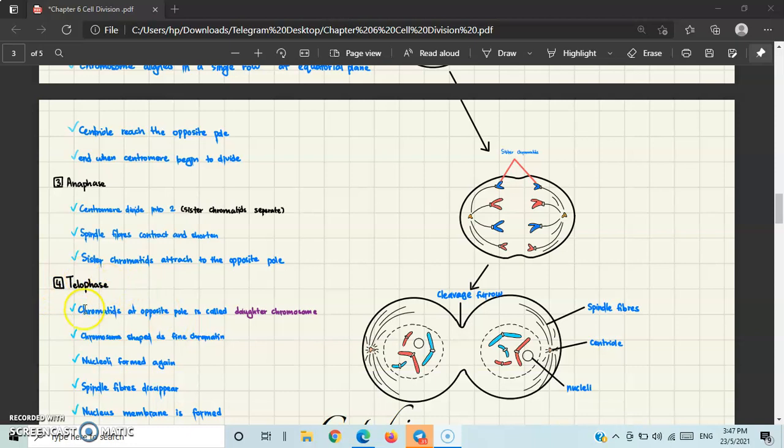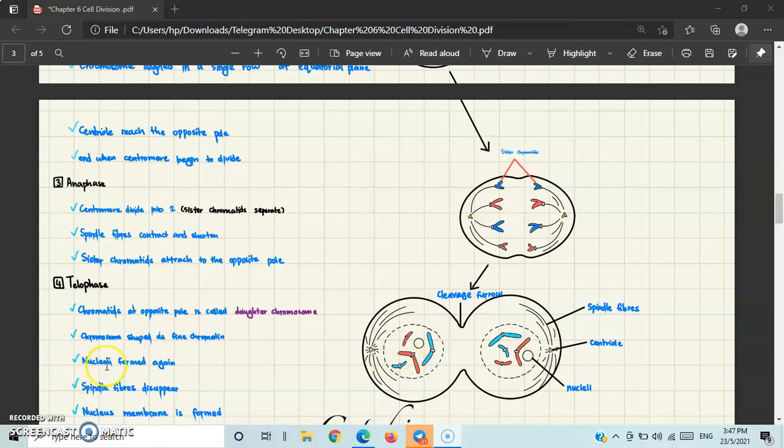After that, telophase, the last phase in mitosis. The chromatids at the opposite poles are called daughter chromosomes. When the chromatids reach the poles, they are called daughter chromosomes. The chromosomes turn back into fine chromatin, the thread-like form.